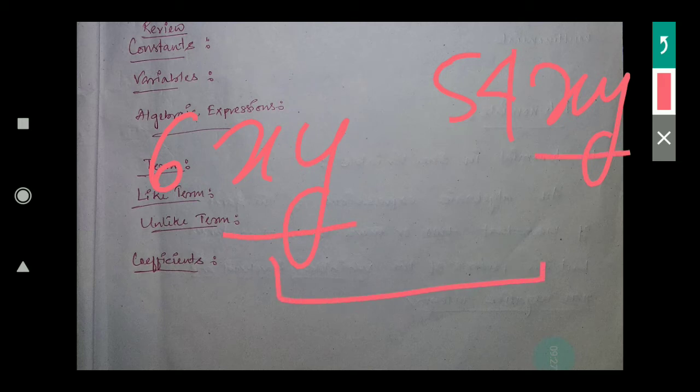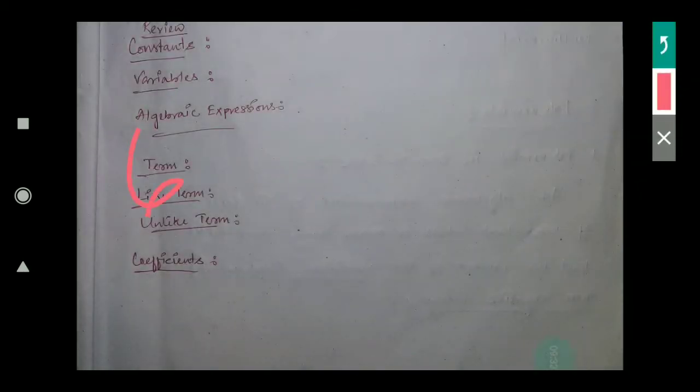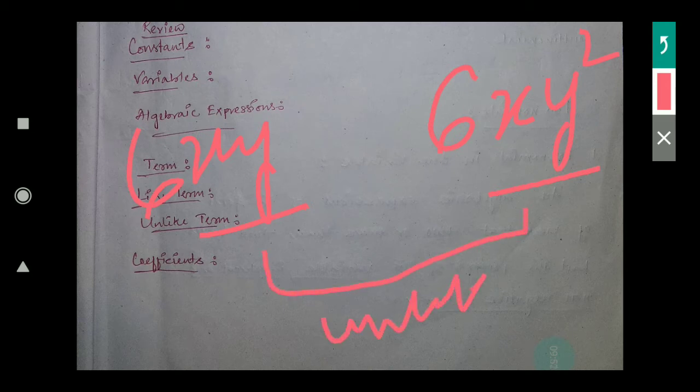So these two are called like terms. In another case, suppose 6xy is given and here 6xy square is given. Here your literal factor is xy, and in this case your literal factor is xy square. Are both the same or not the same? They are not the same. So that's why these two are called unlike terms.